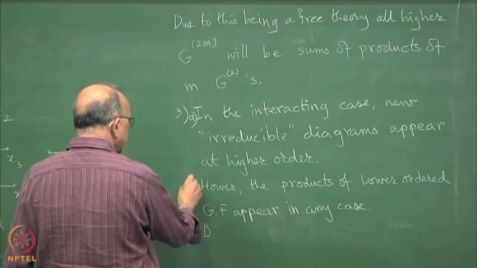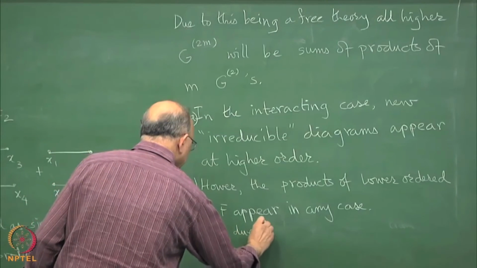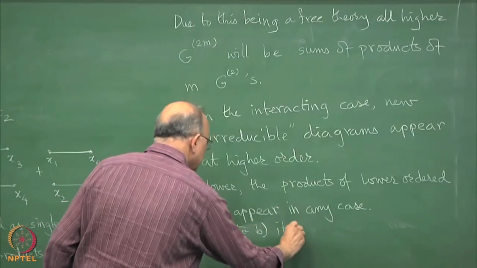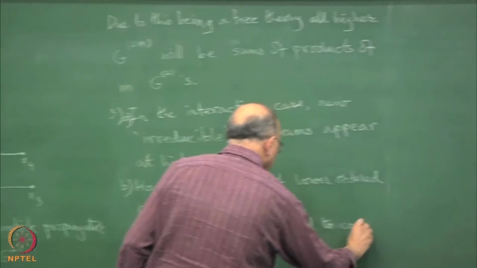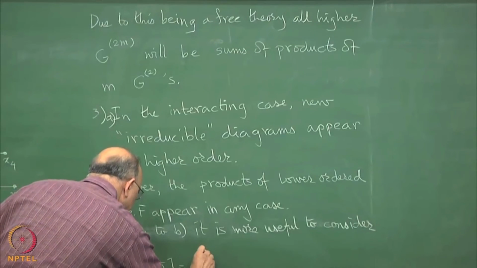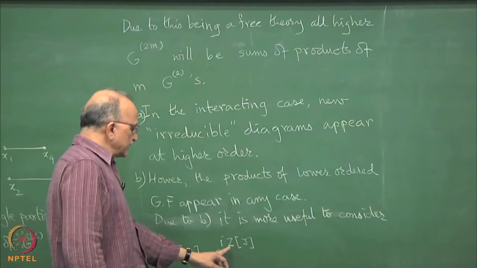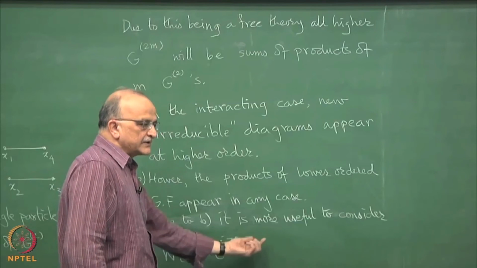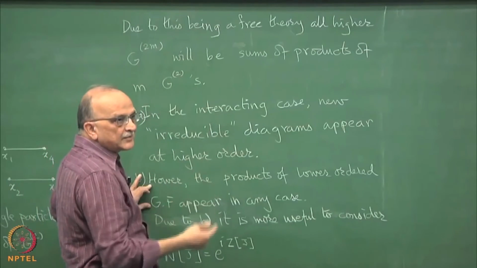So let me write 3a and 3b. So due to b, if you do this, then because there is an exponent of whatever is Z, there will be various powers of the terms of Z which will get multiplied among each other to produce W in exactly the same way that the lower ordered Green's functions multiply to produce higher order ones.